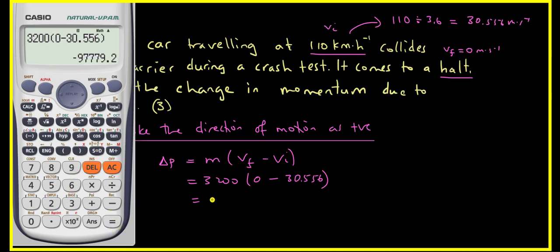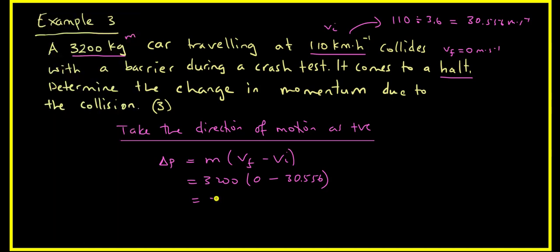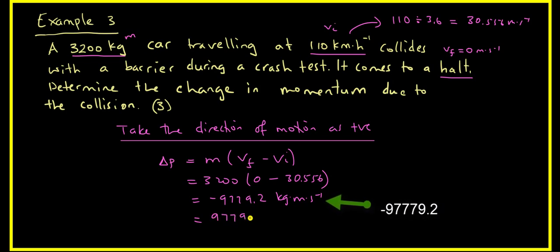I'm getting negative 9779.2 kg meters per second, which is 9779.2 kg meters per second in the opposite direction to the original direction. And this is how we find the change in momentum of an object.